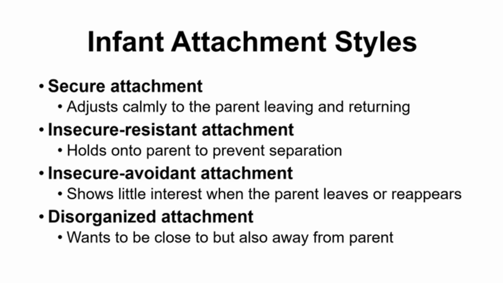This is the most common of our types of attachment, and the most stable or healthy of those. I think about 70% of children fall under this attachment style. So this is a very, very common attachment style.